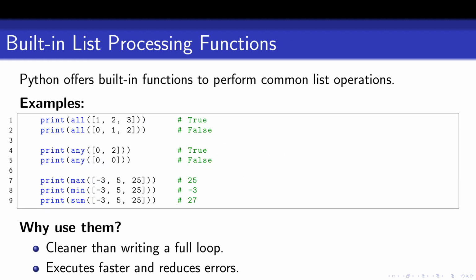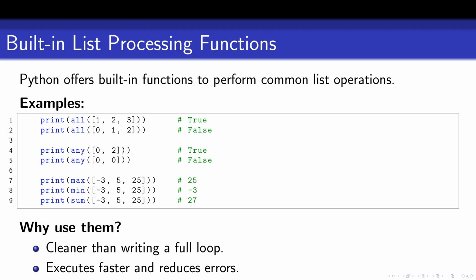Python includes several built-in functions for common list processing tasks, offering more concise alternatives to traditional loops. The all function returns true if every element in the list is true, while any returns true if at least one element is. These are useful in validation checks or conditional workflows.